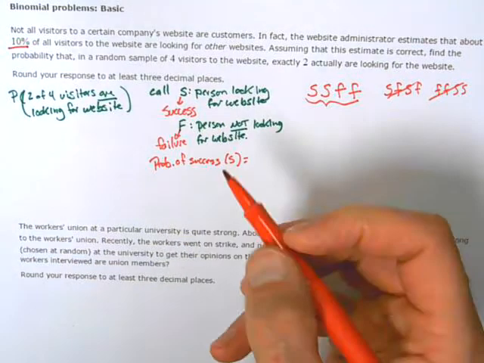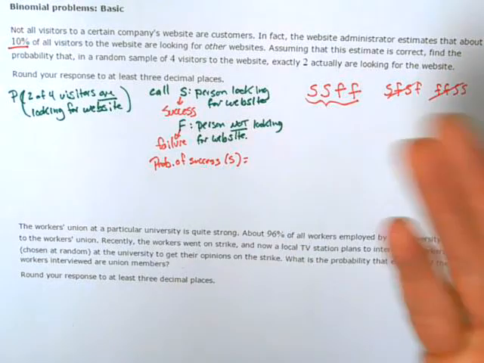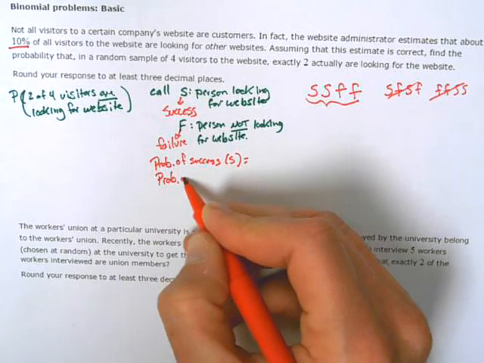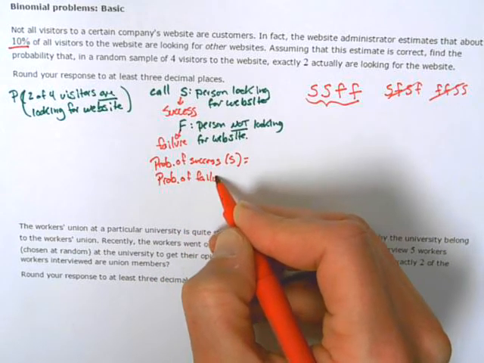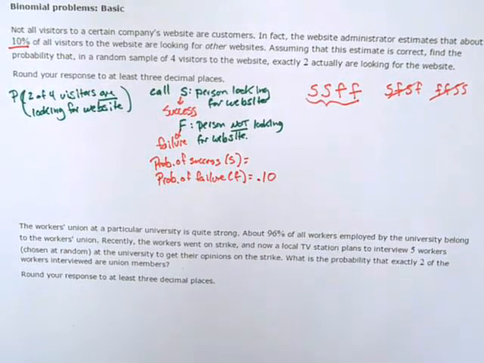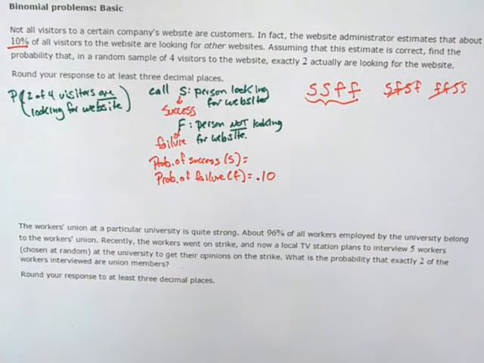So that's actually the probability of a failure, right? Those are the people looking for other websites. So let's start with that. The probability of a failure, F, is 10% or 0.10. That's what they're telling us. So I'm going to start with the probability of a failure.